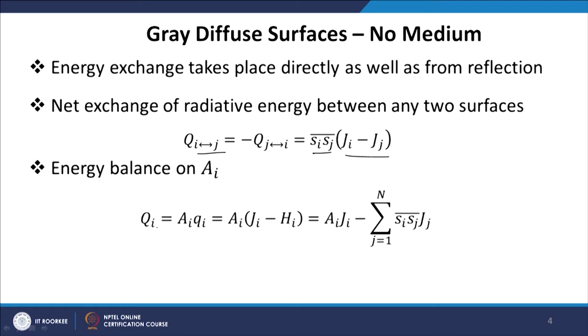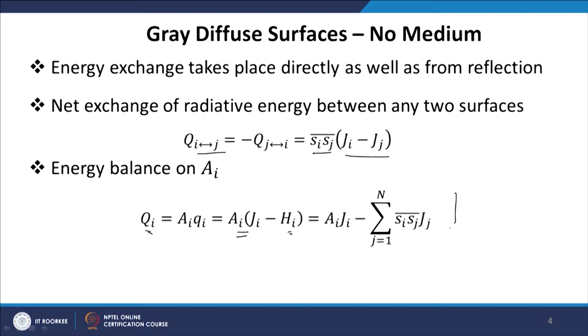And similarly, the flux on surface i, Ai Qi, is the energy emitted, that is Ai Ji by emission and reflection, and energy absorbed, and this will be equal to Ai Ji minus summation j equal to 1 to n Sij Jj.